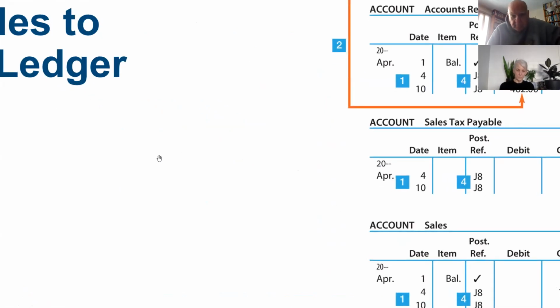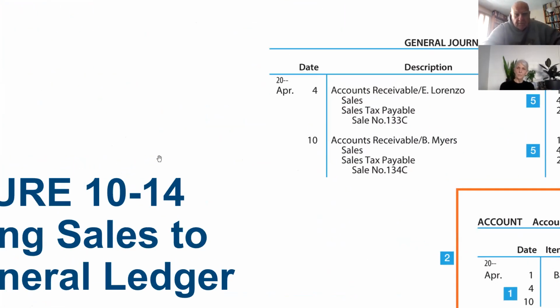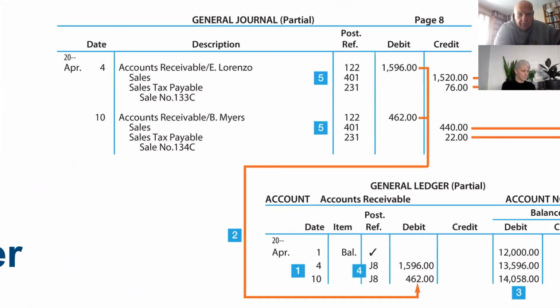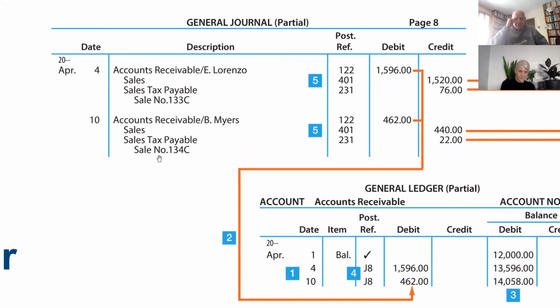Let's see what we have here, okay? All right. Here is our journal entry we just saw, right? We debited accounts receivable and credited the sales tax. And all they're showing you here is you bring them over. Now, how come my finger suddenly doesn't work? That's very annoying.